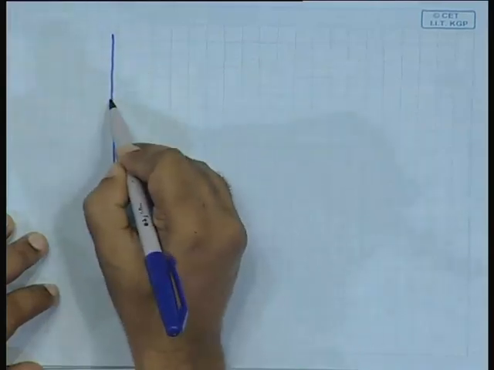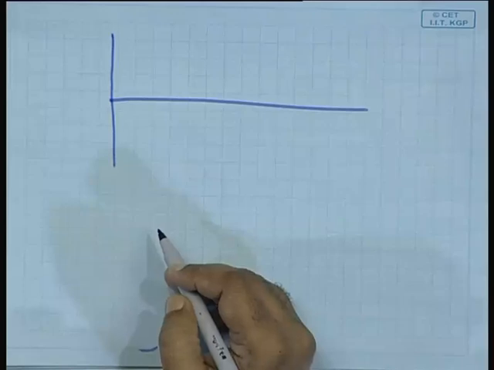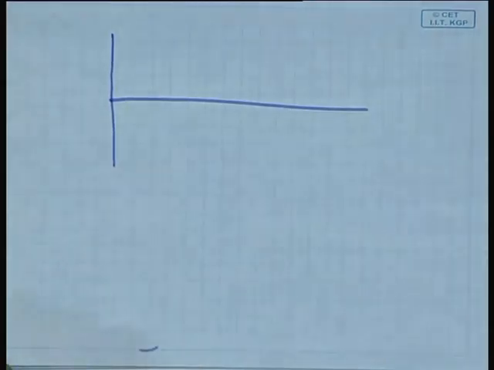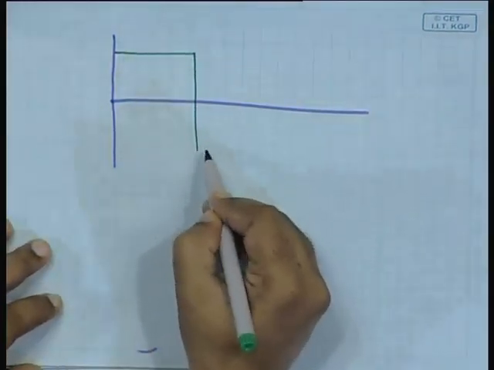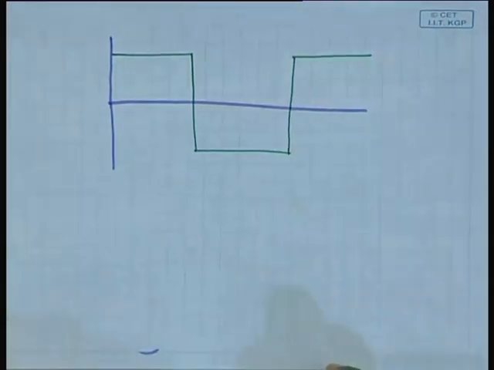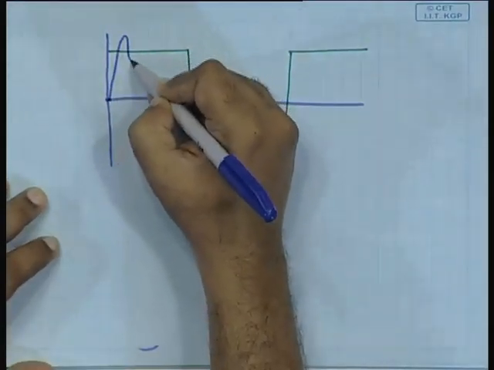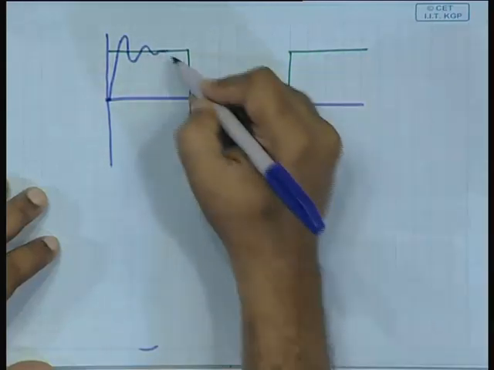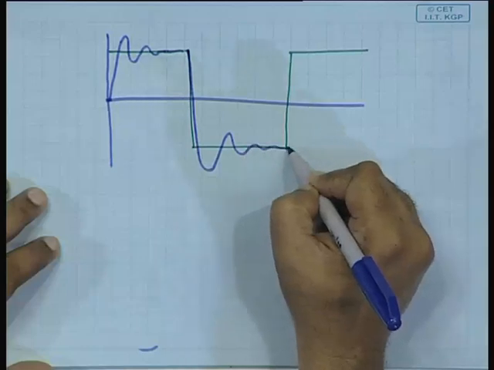In the time domain, what will the behavior be like? How will it look? Suppose I am drawing the waveform for Vc, then it will try to reach Vc, come very close, and then it jumps, then it jumps.